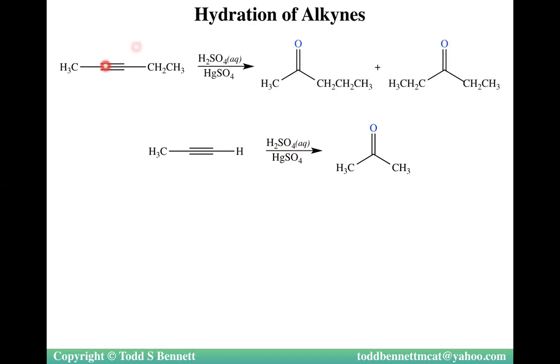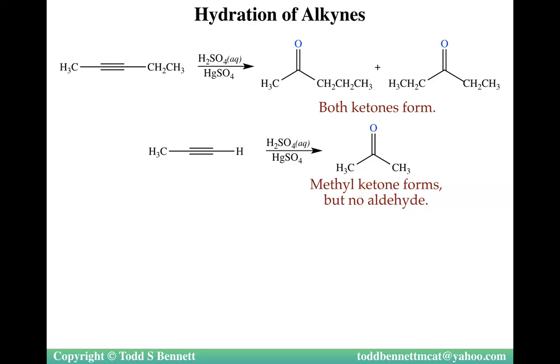Now we're going to add an OH. Because they're both equally substituted, because it's internal, the O could go to either this side, which leads to this ketone, or to this side, which leads to this ketone. So both ketones form, either adding an O to carbon 2 or an O to carbon 3. Methyl ketone forms, but no aldehyde.